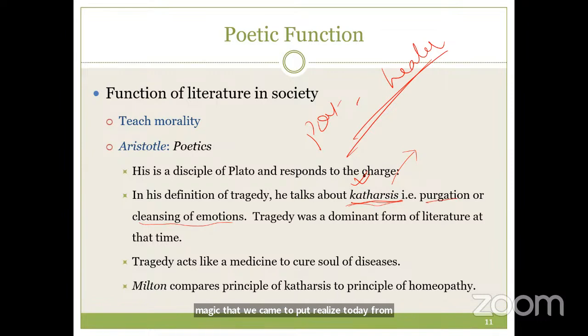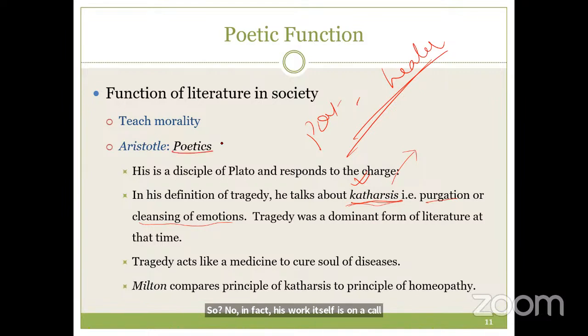Right? So Aristotle principally disagreed with Plato on the role of poetics, because the dominant genre of that time was drama. So in that context, he gave this concept of catharsis, but it applies to the entire poetry. In fact, his work itself is called Poetics.